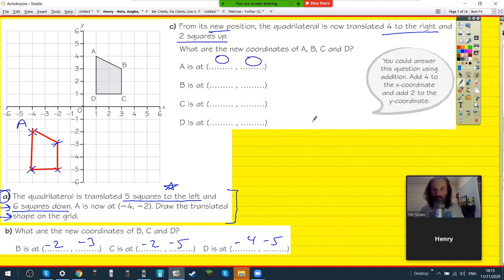Then B is minus 2 and 2. Wait, minus 2 and 2. Which one was B? So if it moves 4 to the right, 1 up. And so what are 2 minus 2?